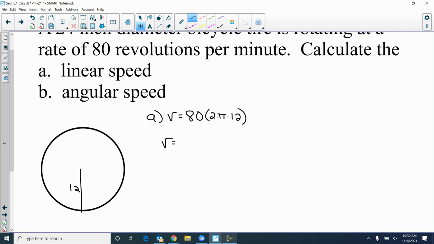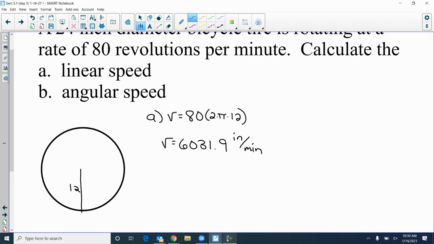Maggie Purdy, what'd you get? 6,031.9. 6,031.9, and that would be inches per minute. All right, we agree? All right.